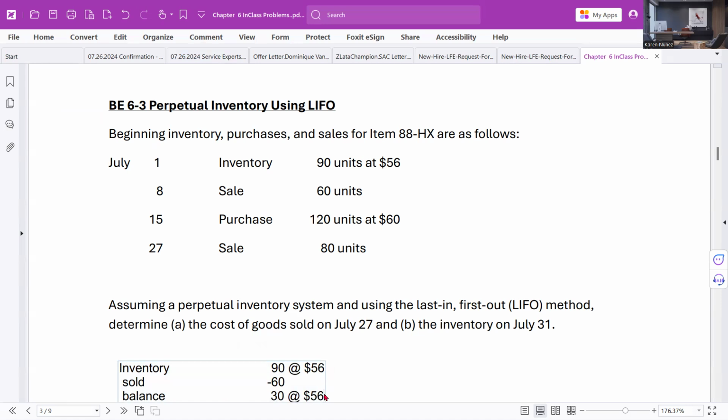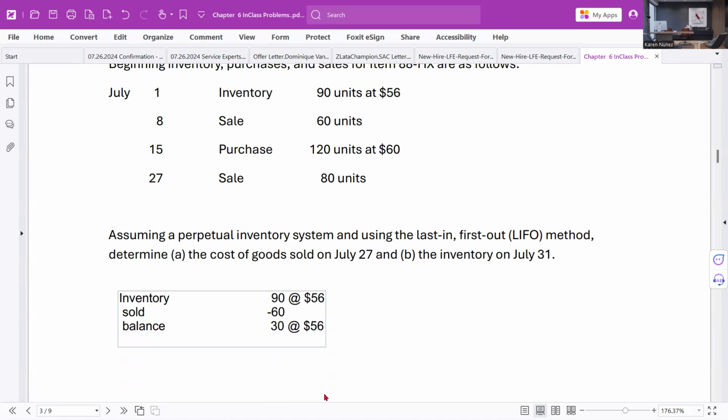What happens next? Now, on July 15th, we make a purchase of 120. So now it's plus 120, and the 120 have a cost of 60.